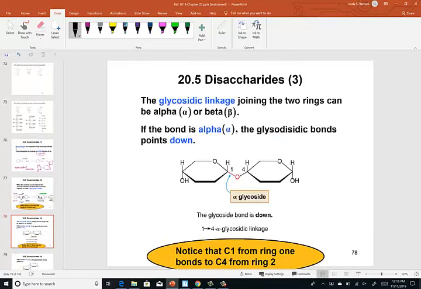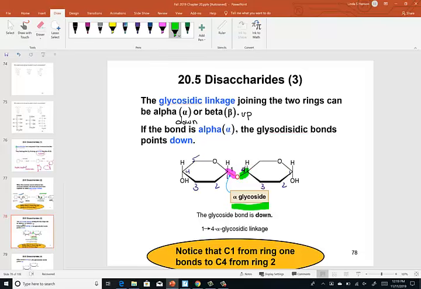This glycosidic linkage joining the 2 rings can either be alpha, which remember is pointing down, or beta, which we've learned means pointing up. If the bond from carbon 1 in this ring to carbon 4 in the other ring is pointing down, we have an alpha glycosidic linkage.